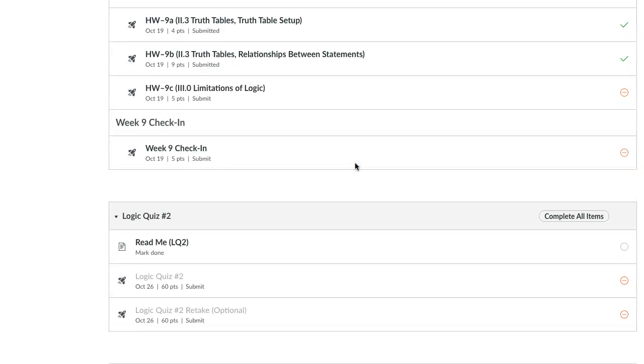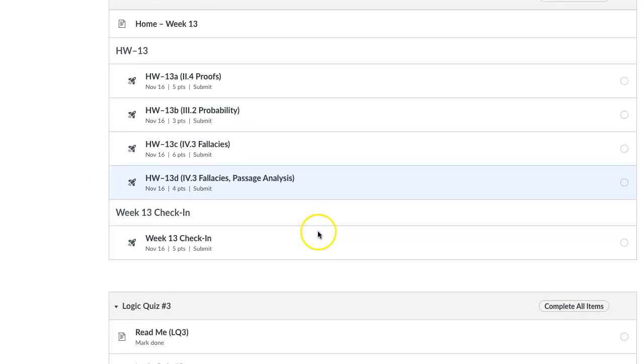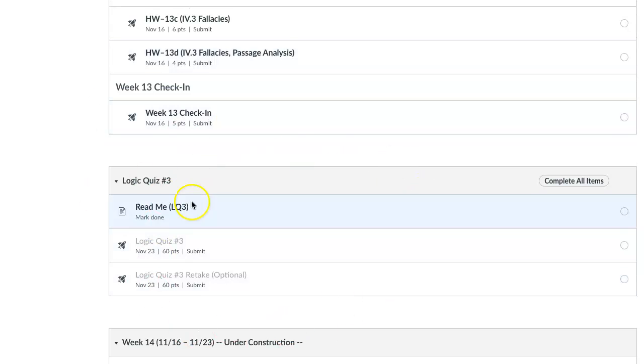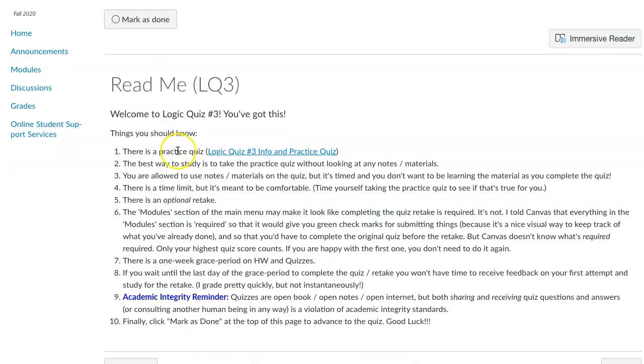Scroll down. After last week, week 13, we have logic quiz number 3. As usual, there is a README page that you have to read before you can get to the actual quiz. So here are the reminders: there are practice resources, reminders for the best way to study, a reminder there's an optional retake and a 1-week grace period, and an academic integrity reminder.